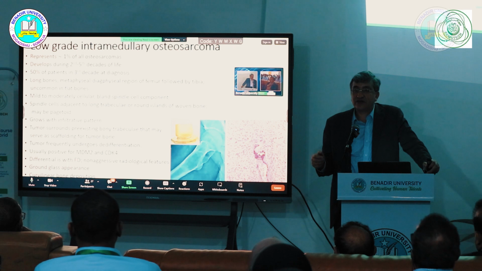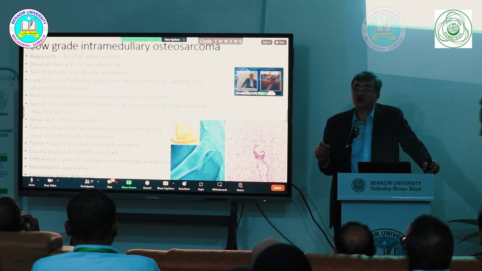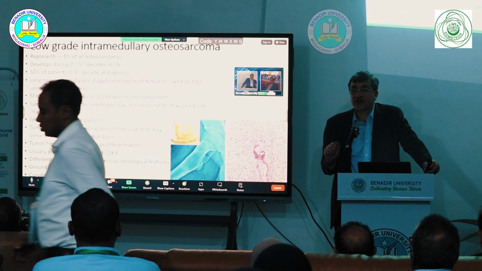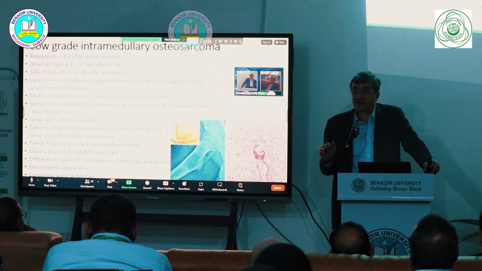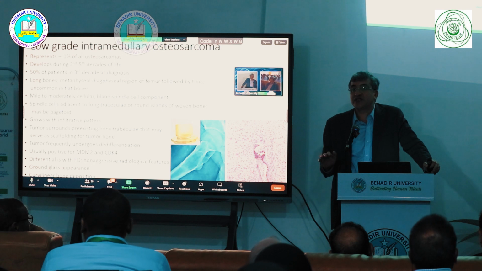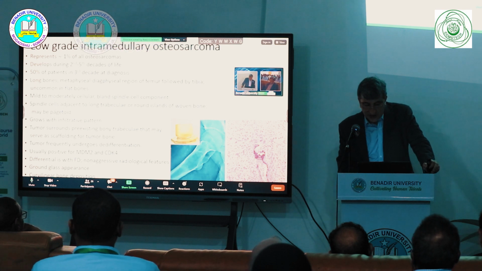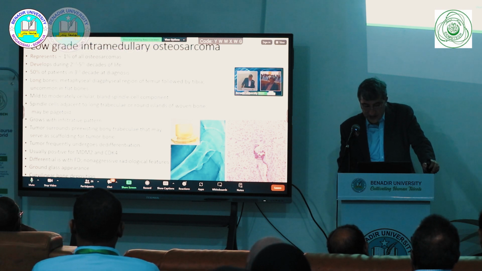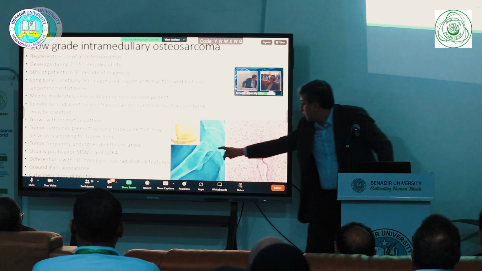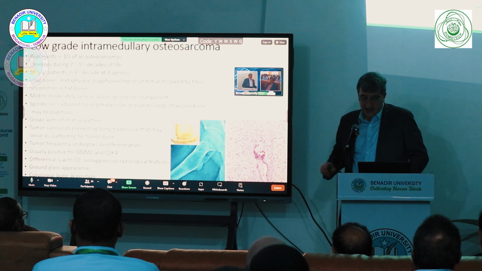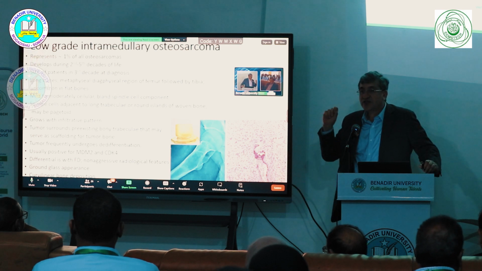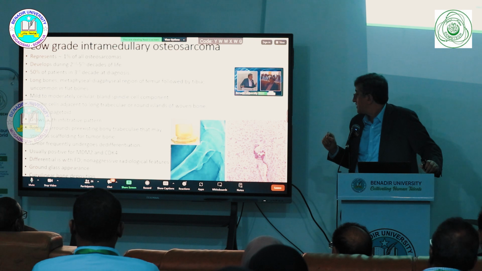Initially, we and the other lab misdiagnosed this as fibrous dysplasia. But on recurrence, we saw the subtle atypia and permeation. So this is the example of fibrous dysplasia. You see a narrow zone of transition, but in the earlier case there was subtle infiltration.